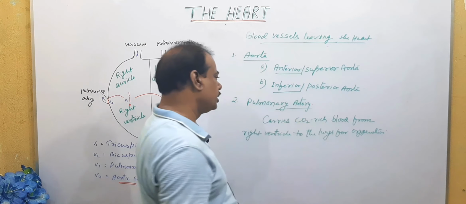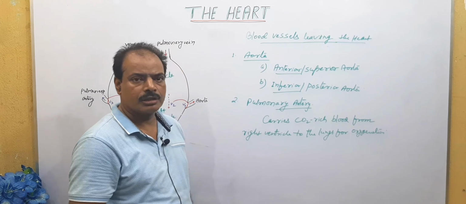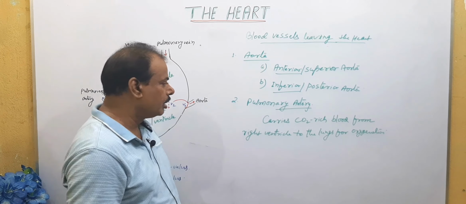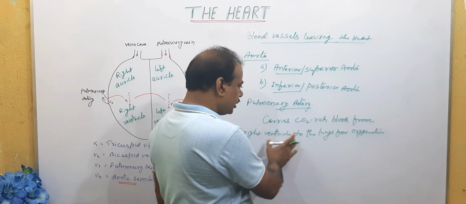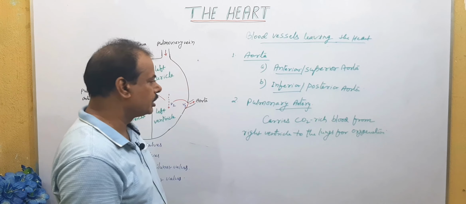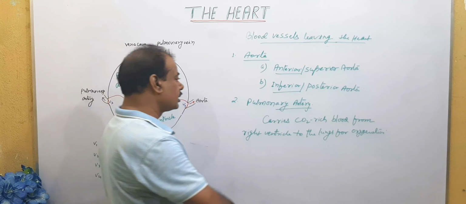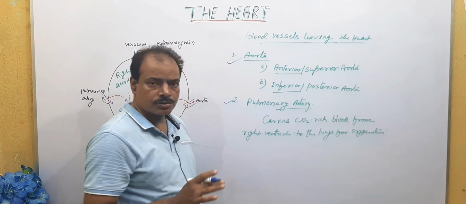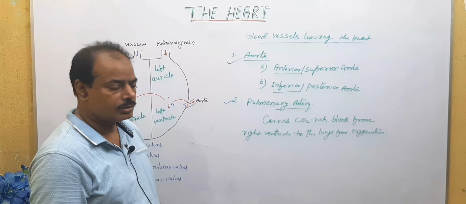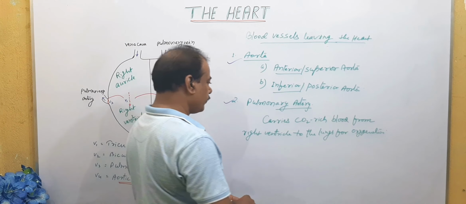So pulmonary artery is located between right ventricle and the lungs, and it carries CO2 rich blood from right ventricle to the lungs for oxygenation. So after oxygenation, again pulmonary vein carries this oxygenated blood to the left auricle.